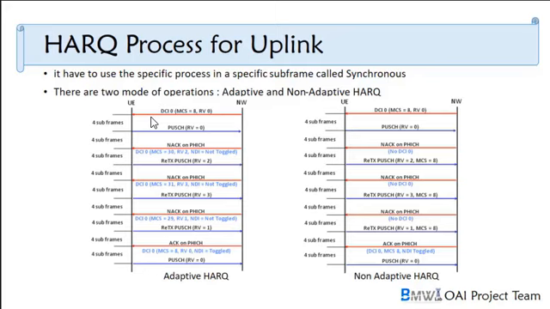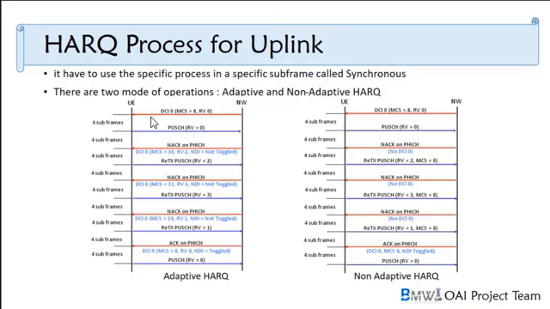But in the adaptive HARQ, you will get a DCI. The UE will get the DCI from the eNodeB, so the UE will understand which part of the resource allocation is available.